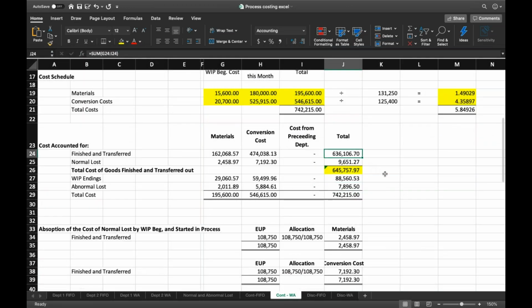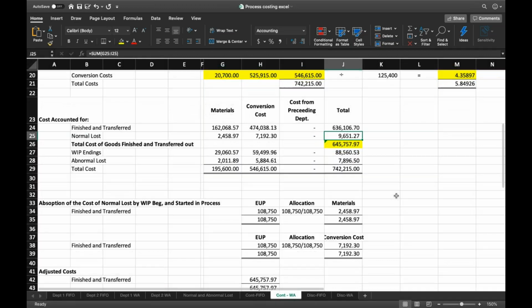Okay. Let's now adjust the finish and transferred because hindi na siya 636 lang. Kailangan niyang i-absorb yung cost ng normal loss, which is 9,651. For materials, hindi lang 162 yun, madadagan siya ng 2,458.57. Siya lang yung mag-absorb nun. So if you wanted to still compute for the allocation, pwede naman. So 108,750 over 108 times 2.457, dagdag mo yan doon sa 162.